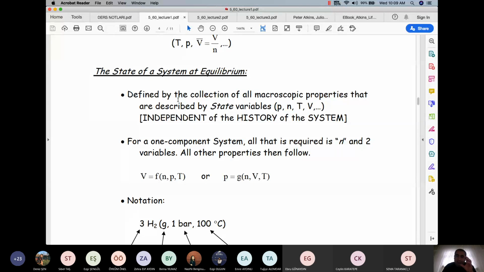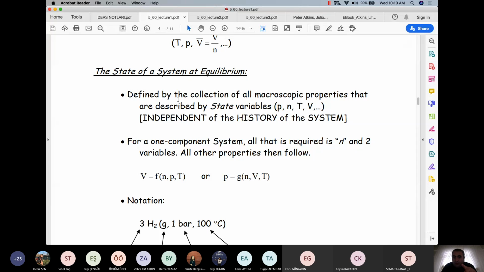We say state variables and path variables. State variables are the variables that are independent of the history of the system. I mean, what they care about is only the exact point that they are at. So when I was talking in the earlier classes, if it is a stationary point, to define that point we have to have the macroscopic properties that are state variables, because they are defining the state, the stationary point over there.